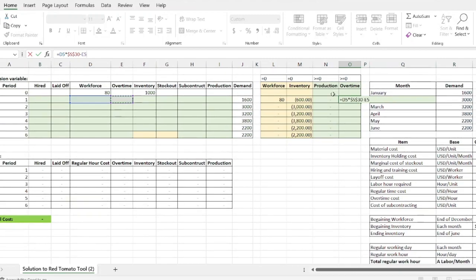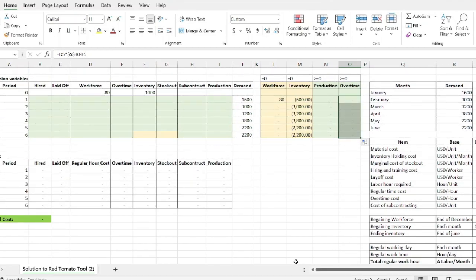And again, like production, this is the possible number of hours of overtime and this is the actual overtime. So it will always be greater than or equal to 0, because the possibility is always greater than the actual number. Okay, let's drag it down.